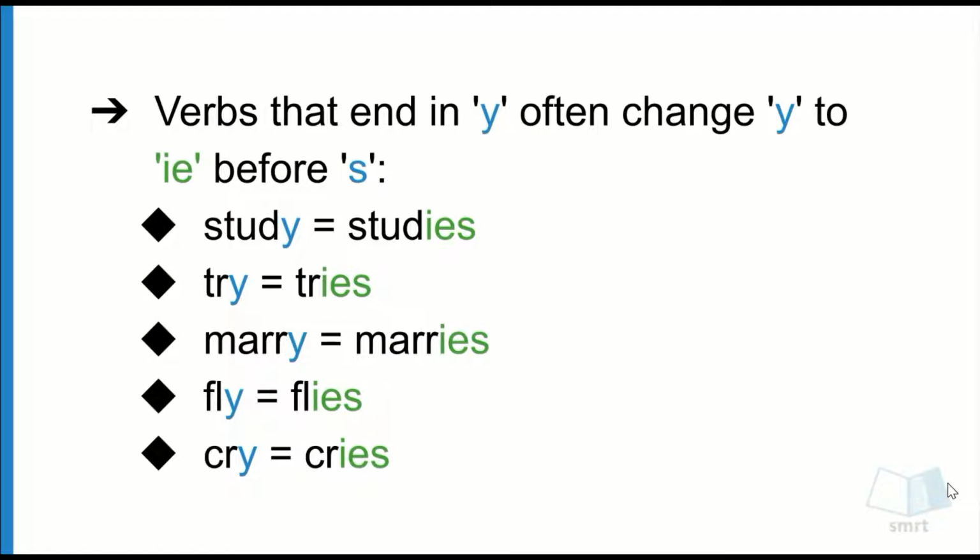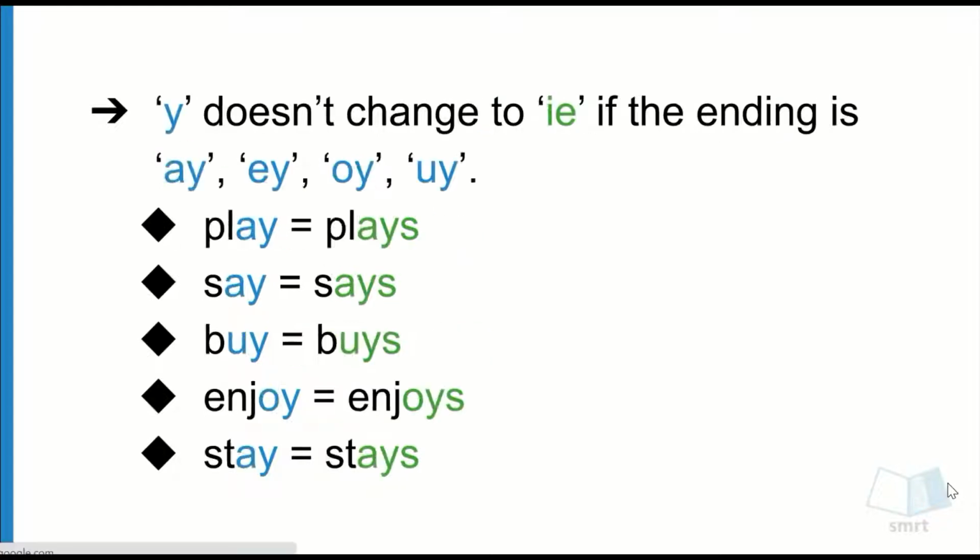Verbs that end in Y often change Y to IE before the S, like study, studies, try, tries, marry, marries, fly, flies, and cry, cries. Remember that the first rule is that you just have to add the S at the end of the verb.